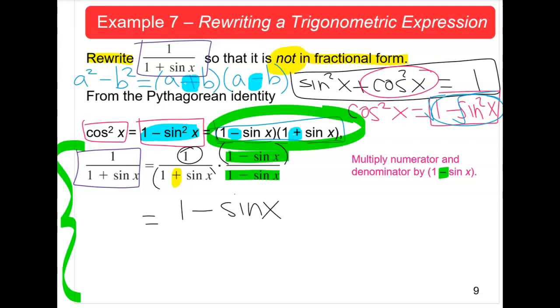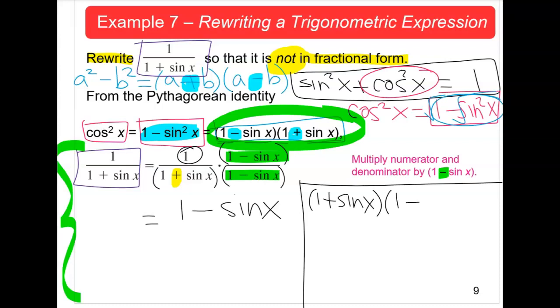Now, if we multiply this, I'm going to do that here on the side. So 1 plus sine x times 1 minus sine x. Okay, so if we multiply 1 times 1, we will get a 1. Now, 1 times negative sine x is negative sine x. And then we multiply sine x times 1, so that will give me positive sine x.